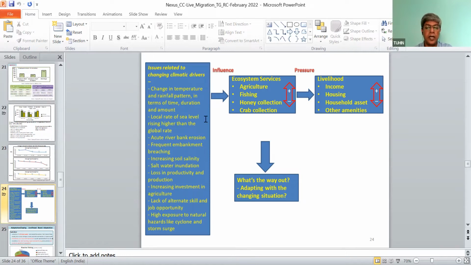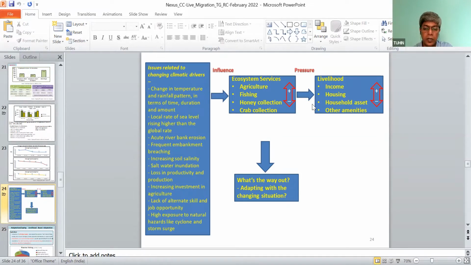These all are basically influencing the ecosystem services, that is the agriculture, fishing, honey collection, crab collection. And this is putting pressure on the livelihood of the people. That is actually being reflected from the income, housing, household asset, and other amenities.